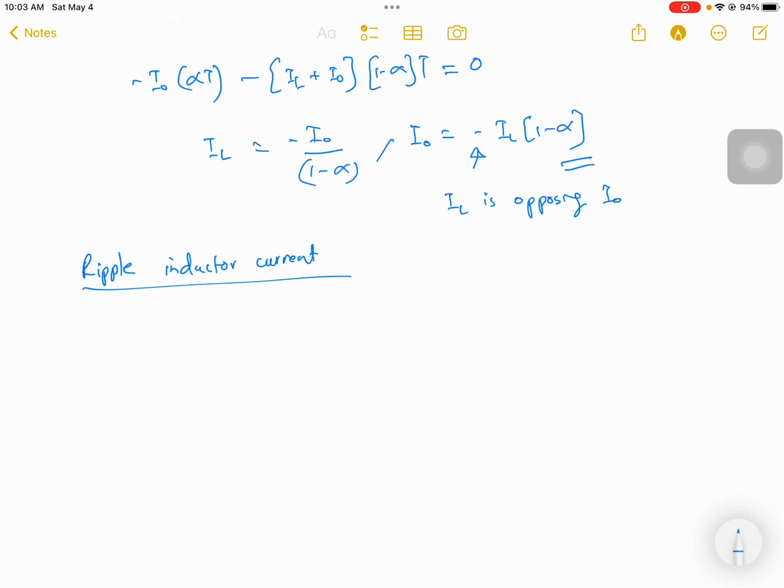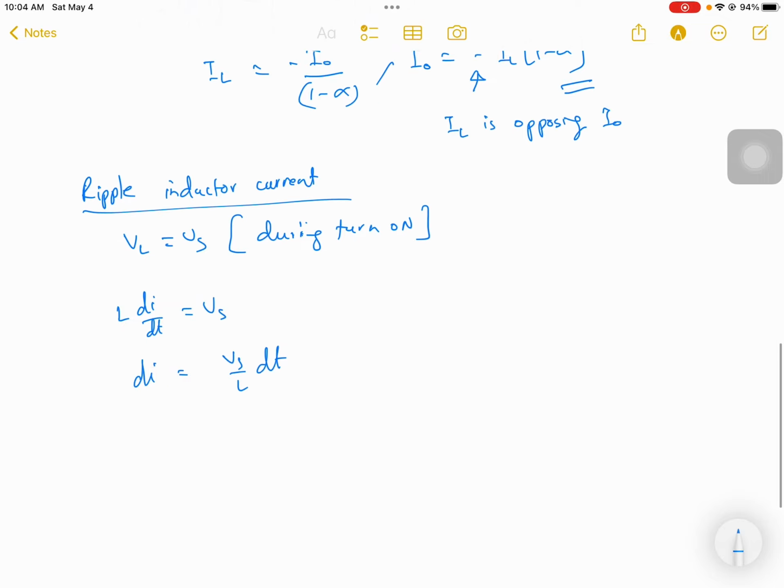In order to calculate the ripple inductor current, we have to take VL equal to Vs, which is the voltage given during the turn on time, when your S is closed. So for VL, the current and voltage relation is given by L di by dt, which is equal to Vs, and di is equal to Vs by L dt.